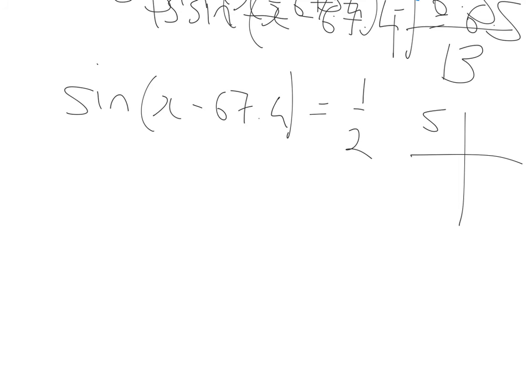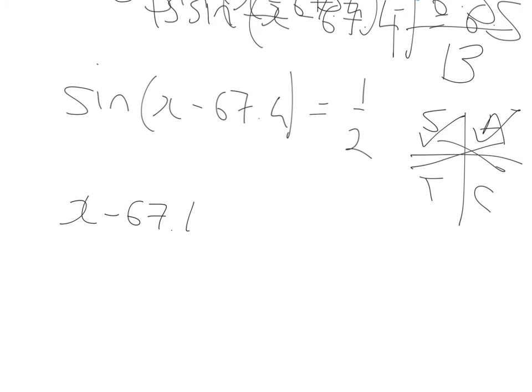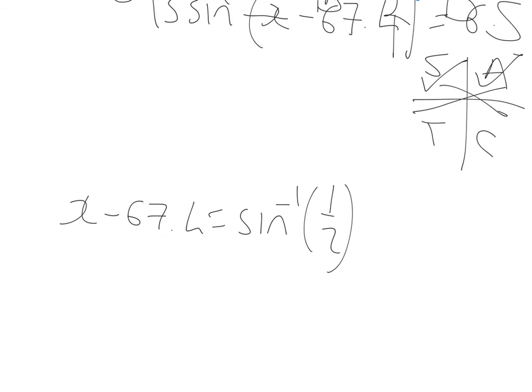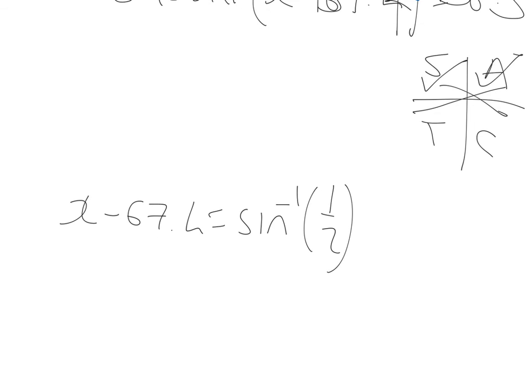Round about just now, I'm putting the 4 quadrants down, and I'm lying in the all quadrant and the sine quadrant. So x minus 67.4 is equal to sine inverse of 1/2. This came up in the calculator paper, but this particular bit should be able to be completed without a calculator.